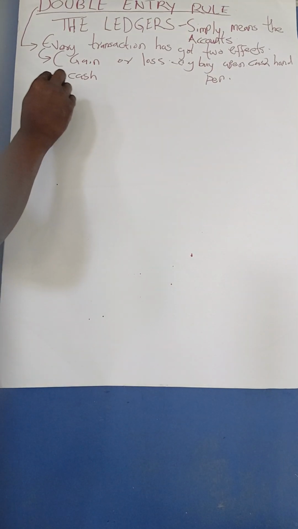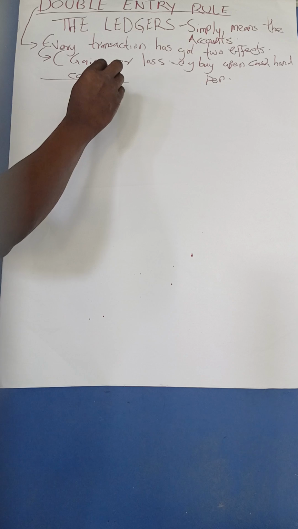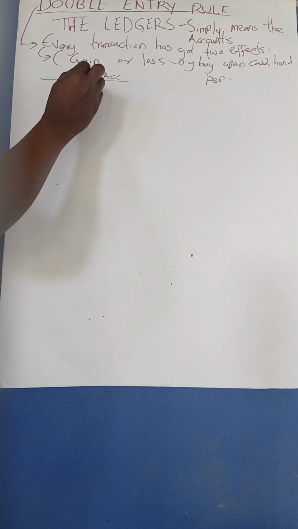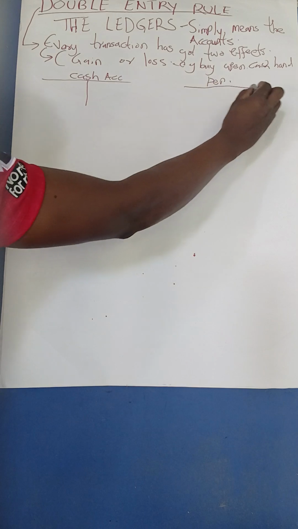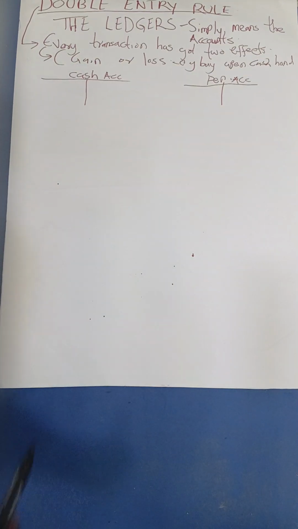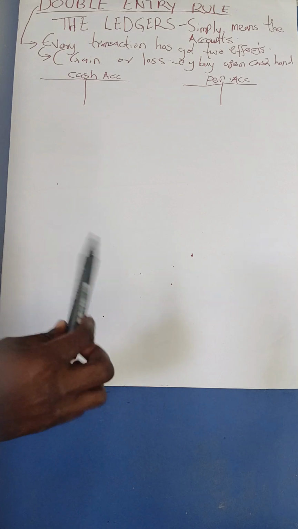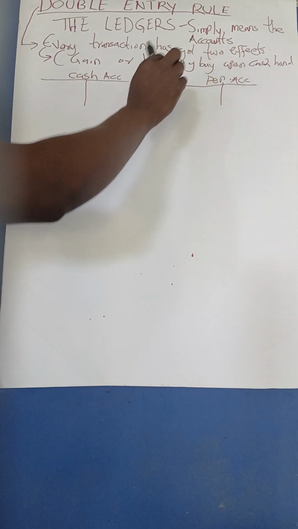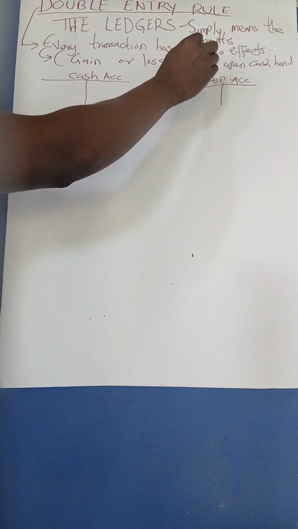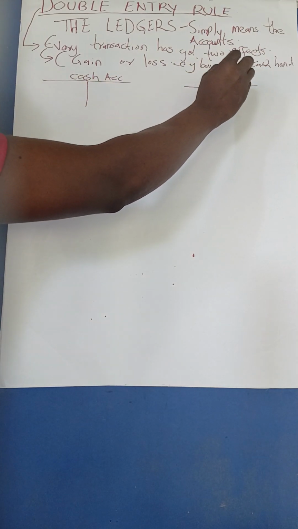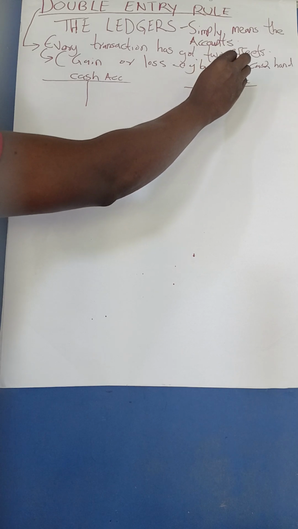Those are the two effects. One, I will open the cash account, or the cash ledger, which we want to look into today, and I will open the pen account. The transaction here was that I bought a pen using cash in hand, say 50 shillings.